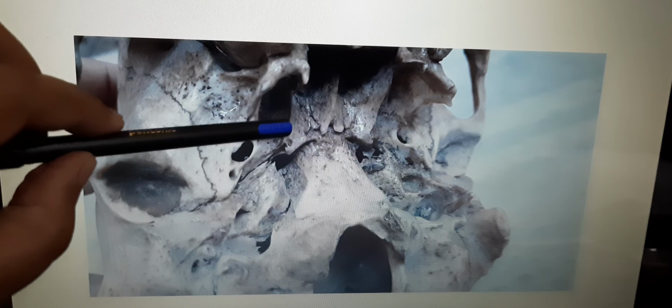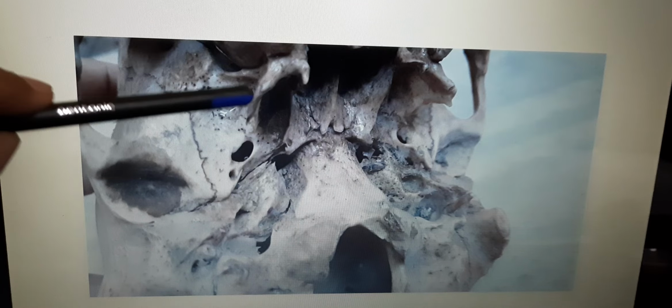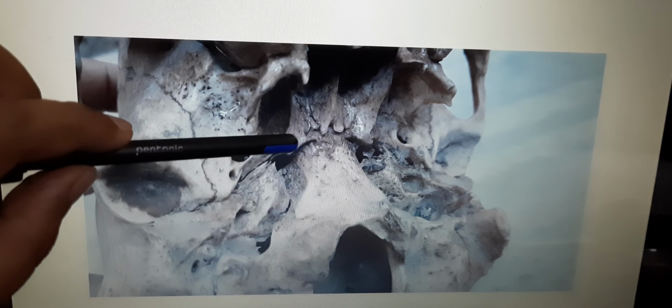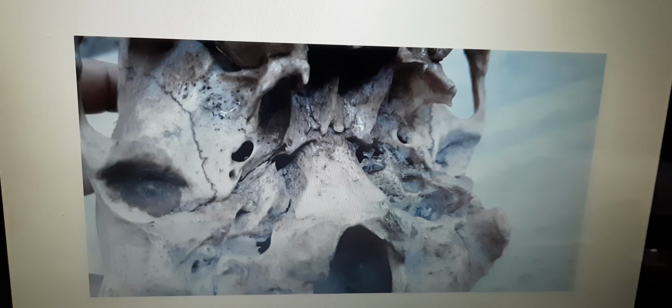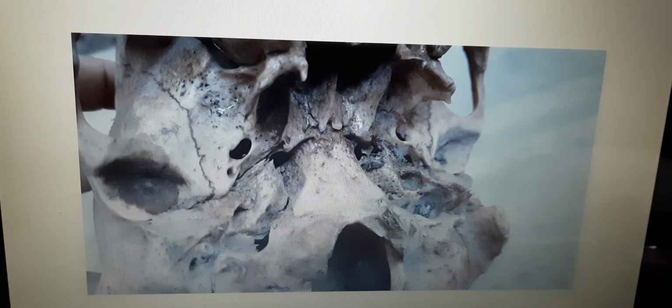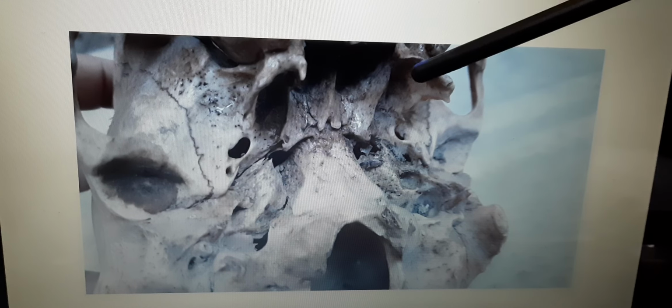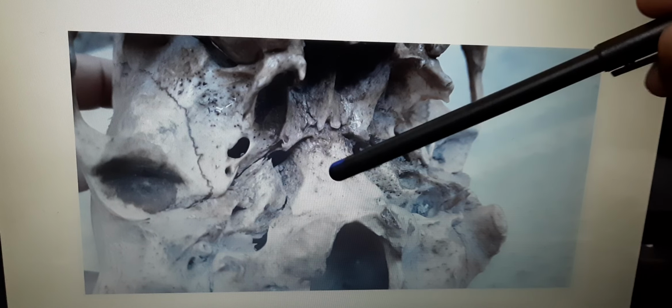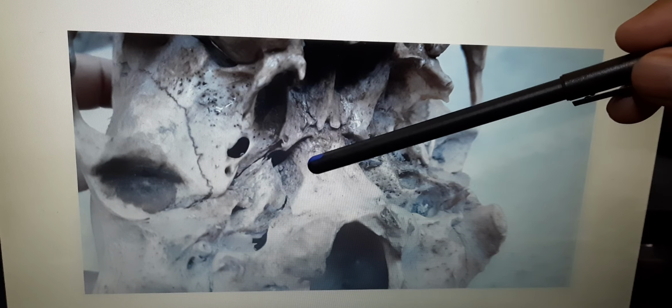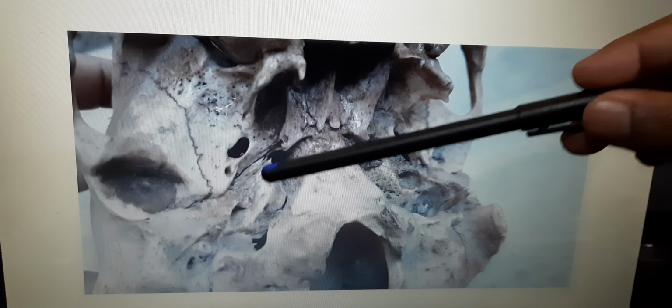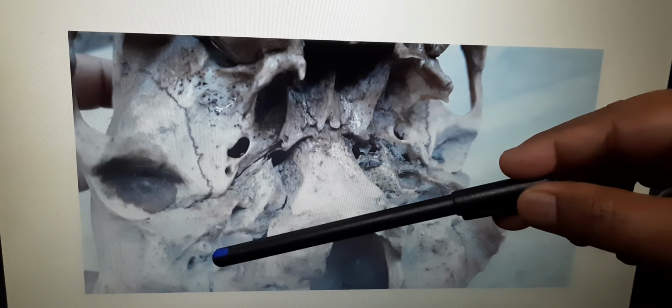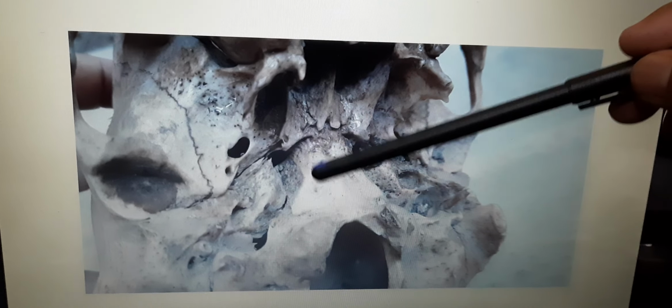We will discuss this canal later, and this is a very important canal. The pterygoid canal opens into the pterygopalatine fossa. So finally this is the spine of sphenoid bone, and this is all about the middle part.